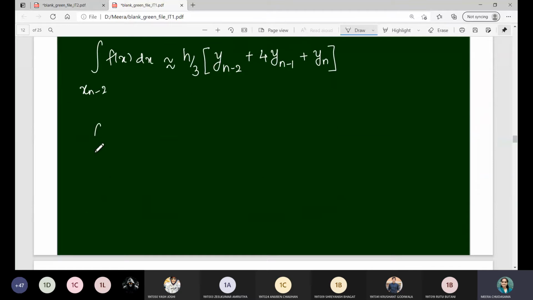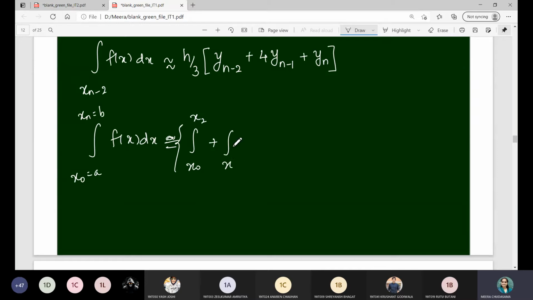Now what will be the composite Simpson's 1/3 rule? So x0 which is a, xn which is b, the integral of f of x dx will be the same as the integral from x0 to x2, where we have taken all subintervals of length 2 because n is equal to 2, plus x2 to x4, plus up to xn minus 2 to xn of f of x dx.